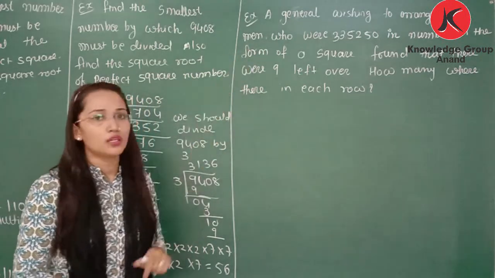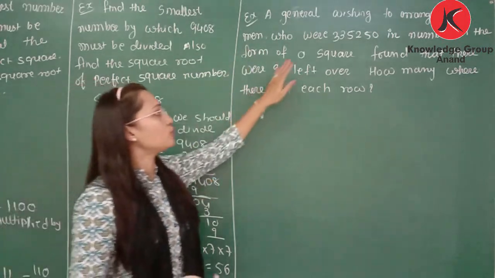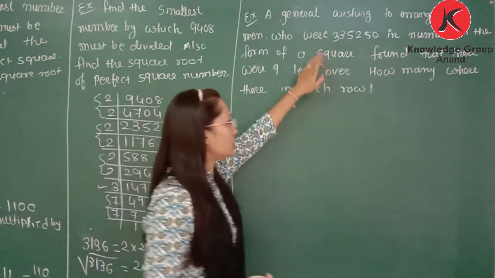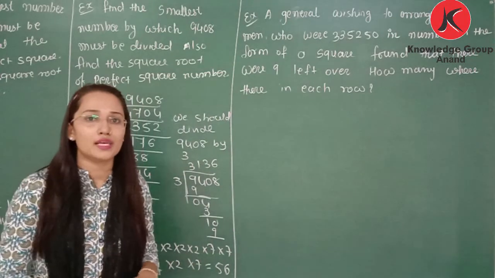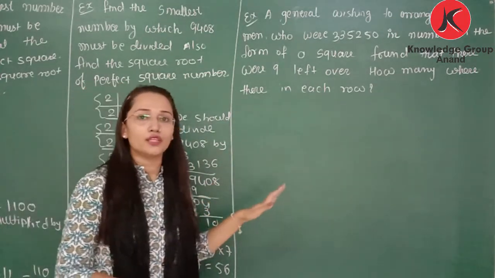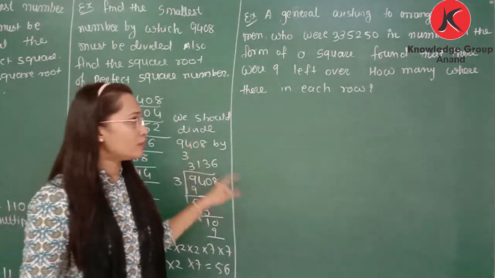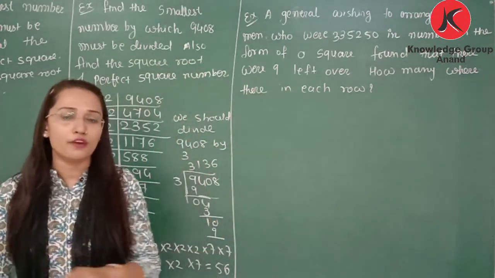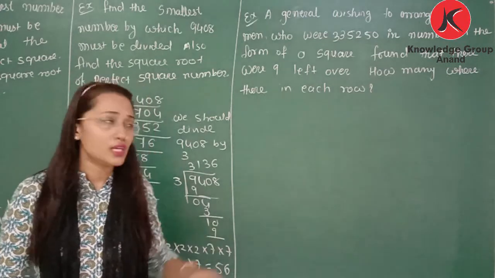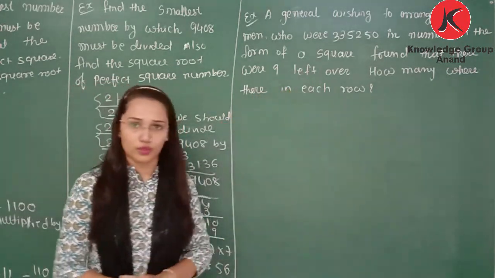A general wants to arrange his men, total 3,35,250, in such a way that they form a square, but still 9 men were left over.